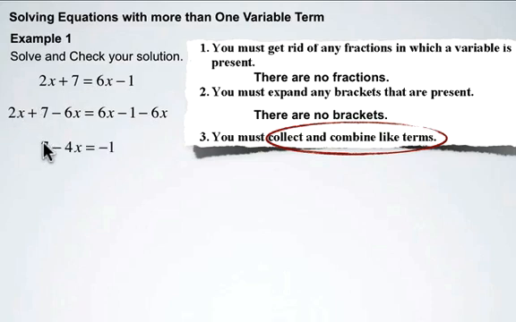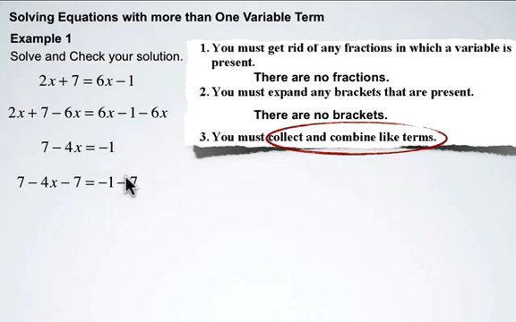I have my positive 7, and I have 2x subtract 6x, which is -4x. 6x subtract 6x is 0 or gone, but I'm left with my -1. Now I'm going to deal with the 7. I want to get it to the other side because it doesn't have a variable. This is an add or positive 7 because the sign in front of it isn't there, so we know it's positive.